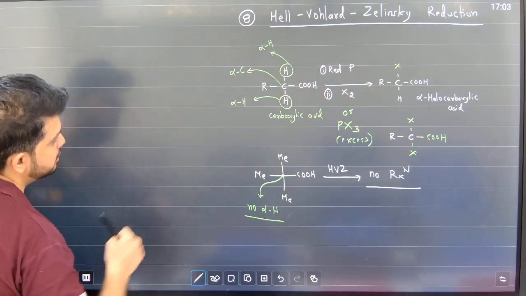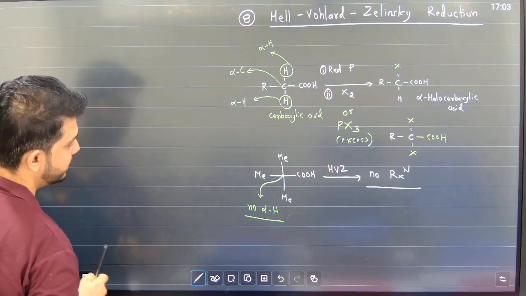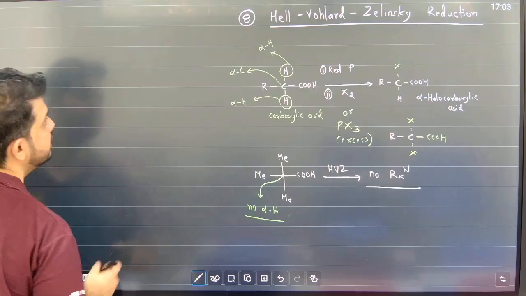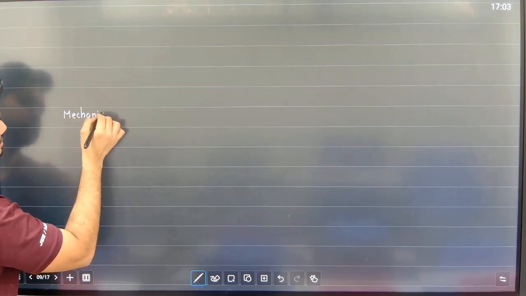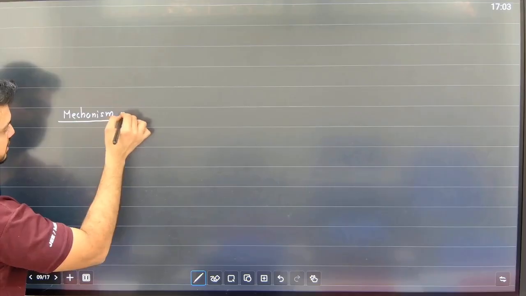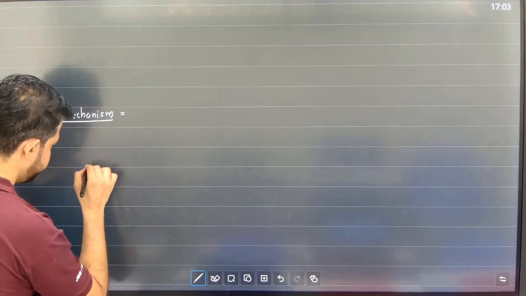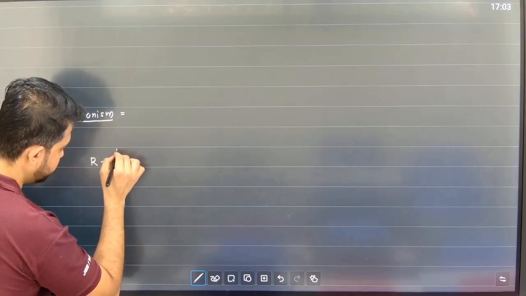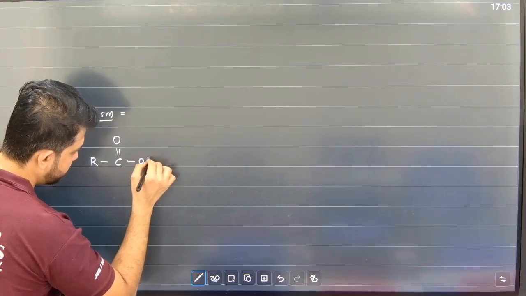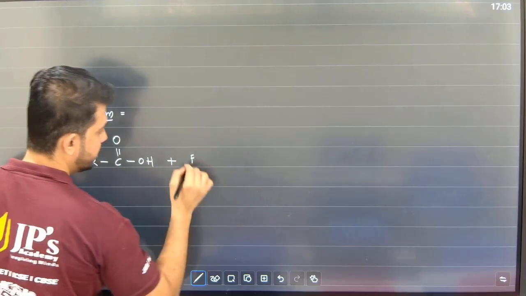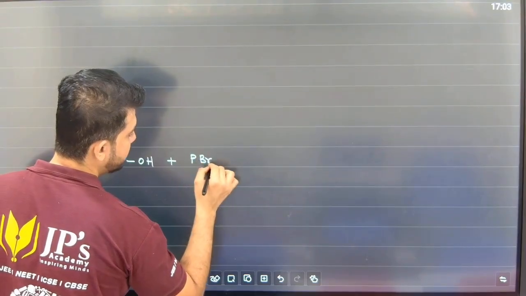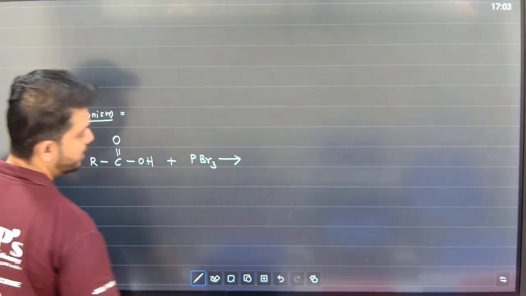Okay, students, but this was not the exact mechanism. So let's understand what the actual mechanism of the HVZ reaction is. It's a very interesting mechanism. So in the first step, with PX3, let's say I'll take PBr3, bromine, in order to understand.